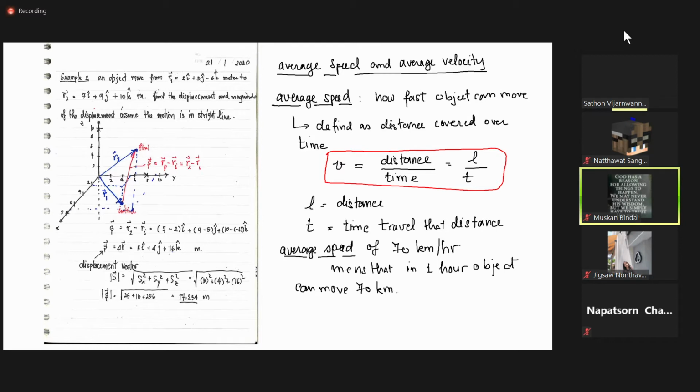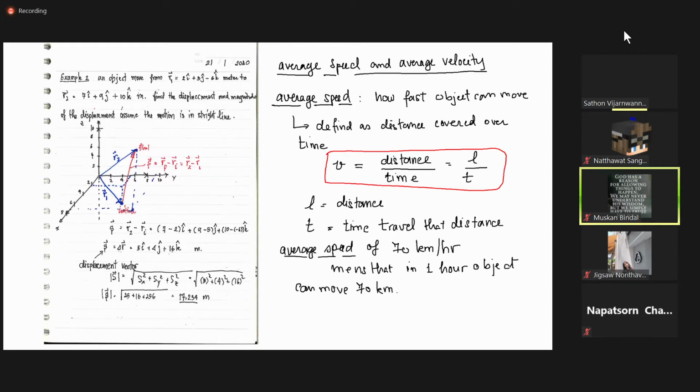When you want to find the displacement, all you have to do is subtract the initial vector from the final vector, and you get the displacement vector. To find the magnitude, you use the Pythagorean theorem.